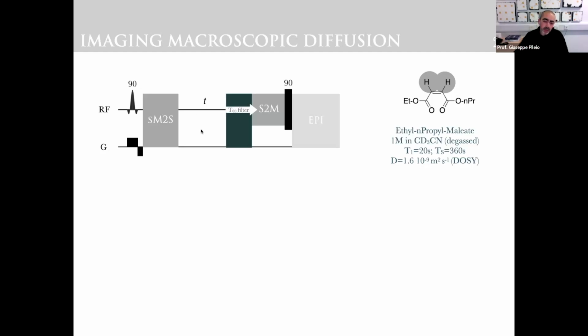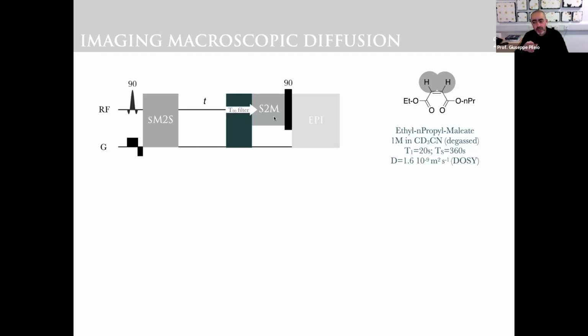Then again, you wait some time if you want. Then you filter out everything which is not a singlet, or everything which is a singlet, actually. And then non-selectively, you convert all the singlet order into magnetization, wherever the molecule is at that time, right?